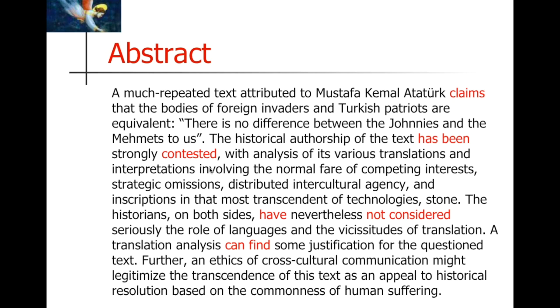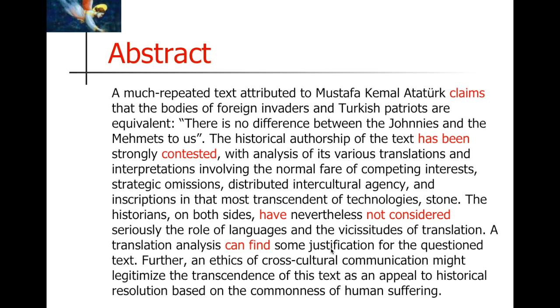Historical authorship has been contested. This is a present perfect, because I'm positioning myself as a researcher in relation to the previous debates about this text, which have not considered... I'm talking again in the present perfect, myself, what I'm doing in relation to the previous, and then can find. I'm showing a possibility.